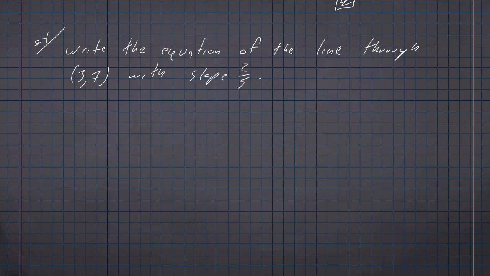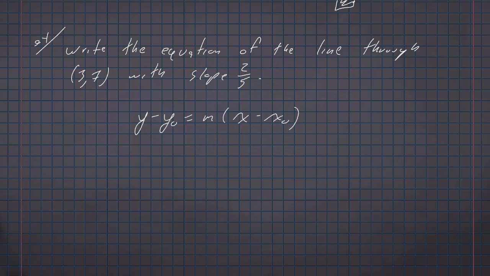And let's write the equation of the line which passes through the point 3, 7 and has a slope of 2/5. What we know about lines is that every line is defined based on y minus y naught equals m times x minus x naught.